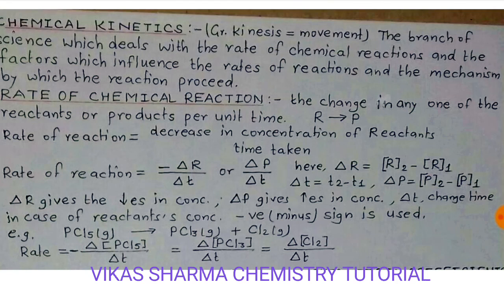In this equation the rate is equal to minus delta concentration of PCl5 divided by delta T. We use the minus sign because PCl5 is a reactant. The first product, PCl3, is 1 mole, so delta concentration of PCl3 divided by delta T, the change in time. The second product is chlorine, so delta concentration of Cl2 divided by delta T.